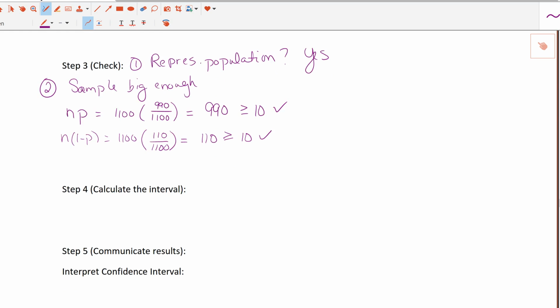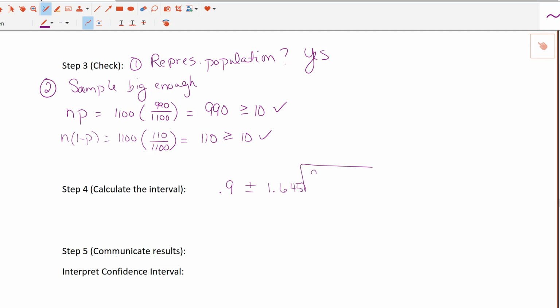Now we'll actually calculate that interval. So 0.9 was our sample proportion. And if we want this as a 90% confidence interval, then we want our z-score to be 1.645.